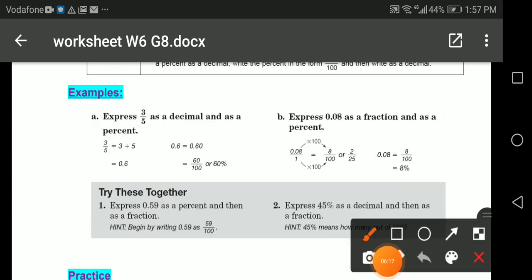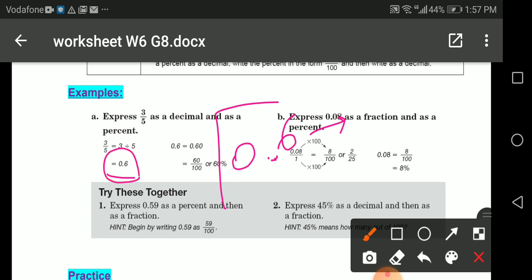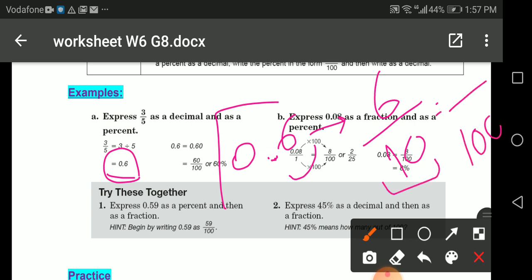In other words, guys, what does 0.6 mean? After this point, I can solve it another way, and this is an easier way. If I have 0.6, this means it's 6 over what? One decimal place, so it's 6 over 10. I need the denominator to be 100, right?